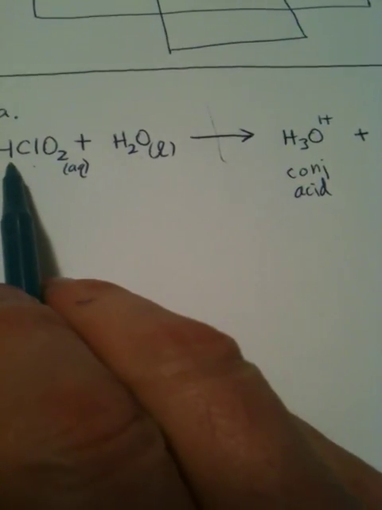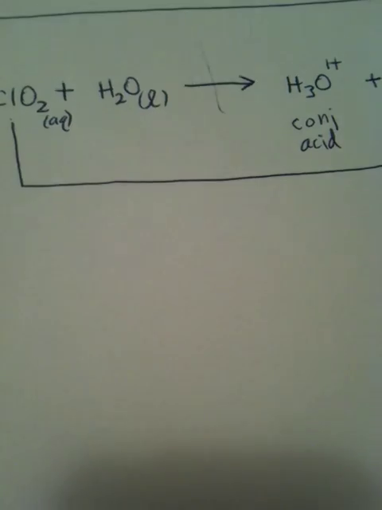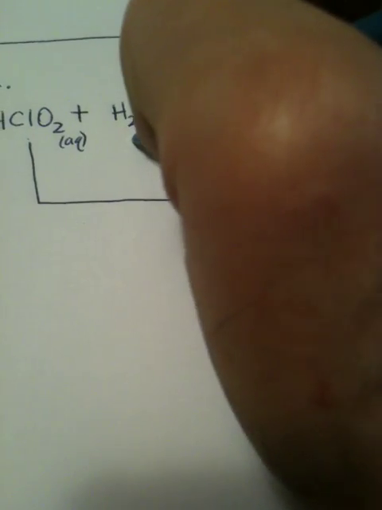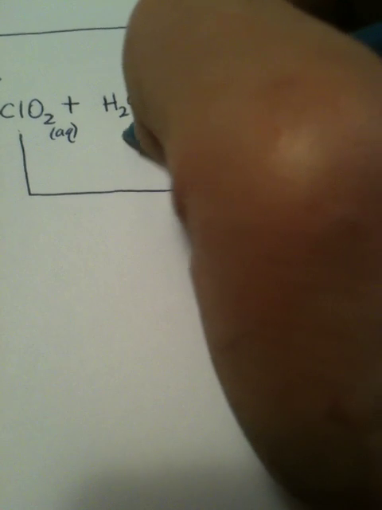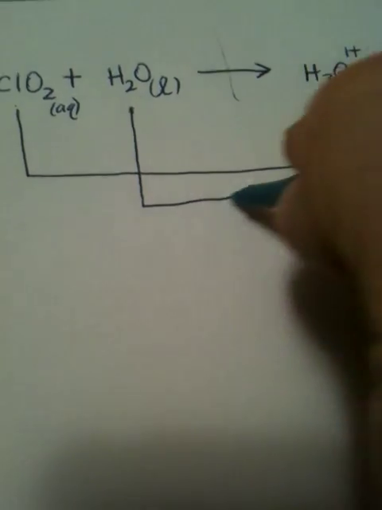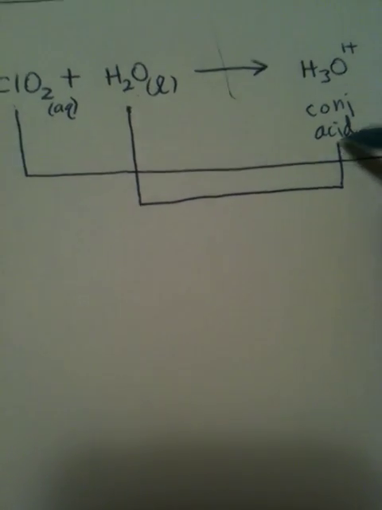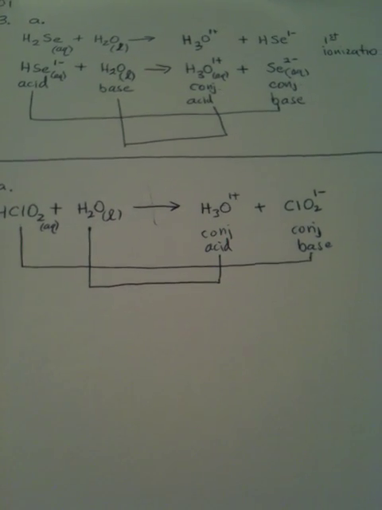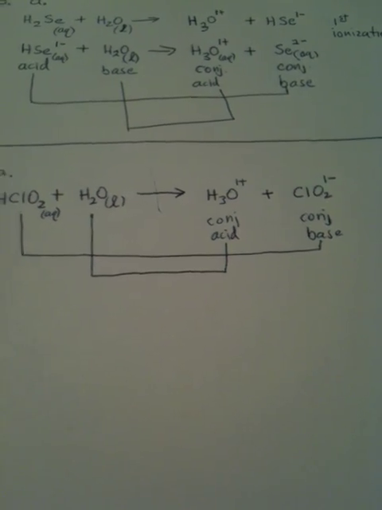The acid becomes the conjugate base, which is right here. And the base, the one that accepts the proton, is going to become the conjugate acid. And that's how it all looks together. Now we have our ionization done.